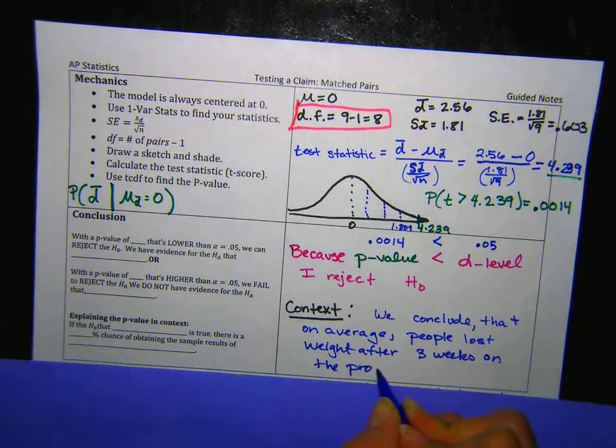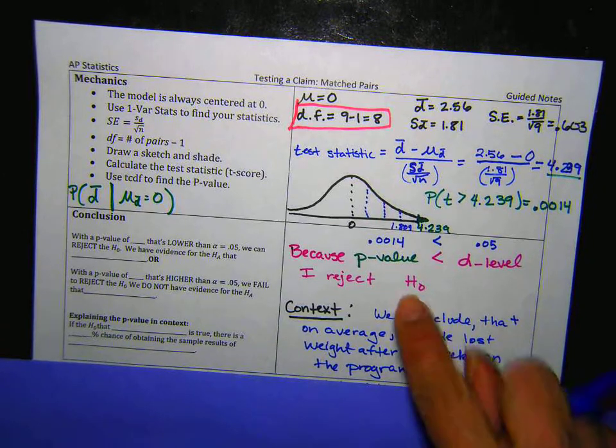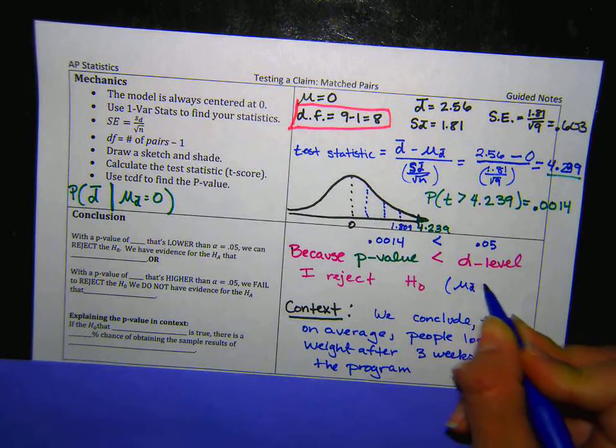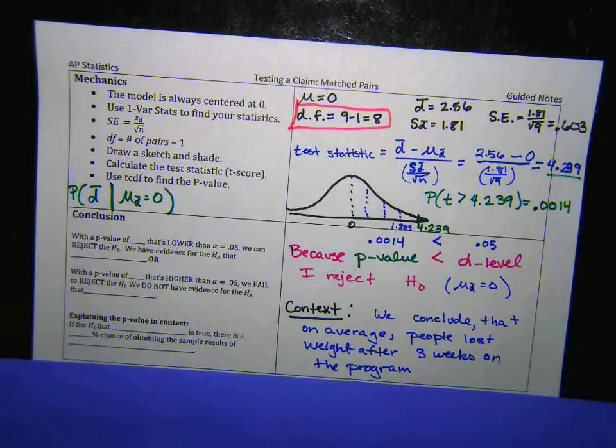That is saying that we reject the null hypothesis, that they are not losing weight. Remember what the null hypothesis said, that the mean difference was going to be 0. We have enough evidence to say that no, people are losing weight on average after 3 weeks on this program.